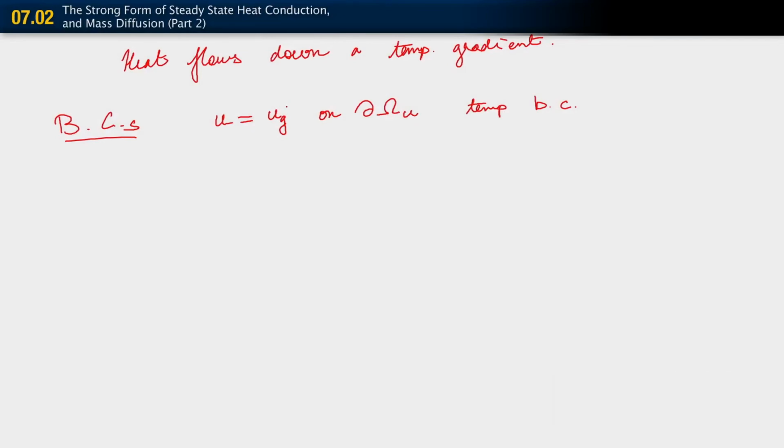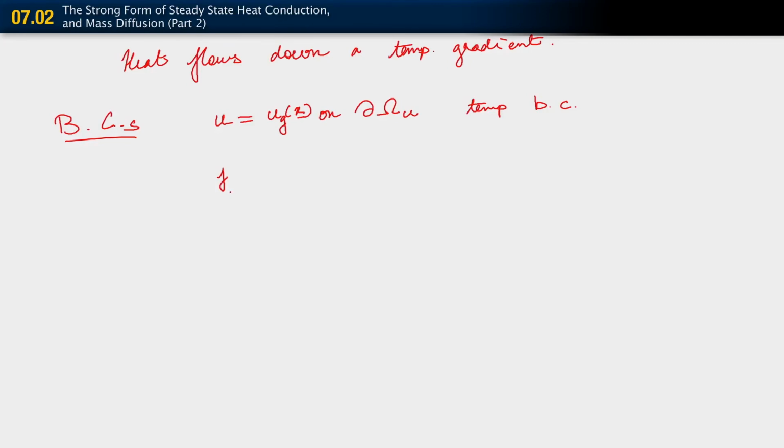We're setting the temperature to be ug. Ug, of course, could be a field. That's important here. So this could be a non-uniform field. That's allowed.